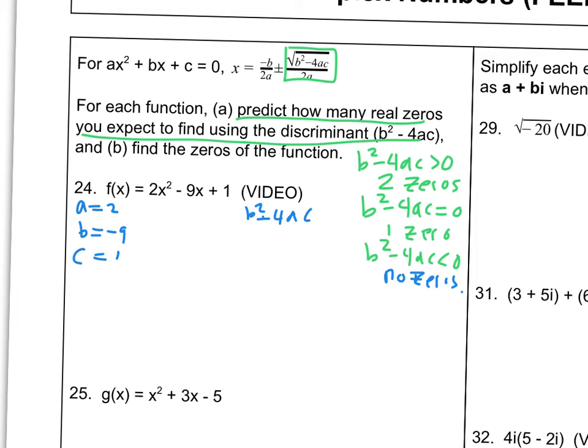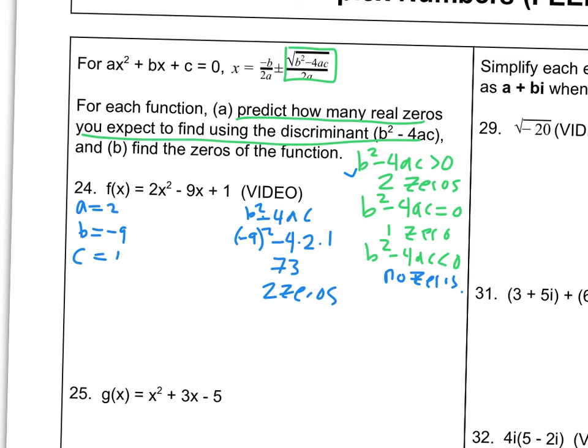We can also use this in a minute. Negative 9 squared, please use parentheses, minus 4 times 2 times 1. 81 minus 8 is going to be 73. It's positive, so we're expecting 2 zeros. That's what I mean by use the discriminant to decide what to expect.